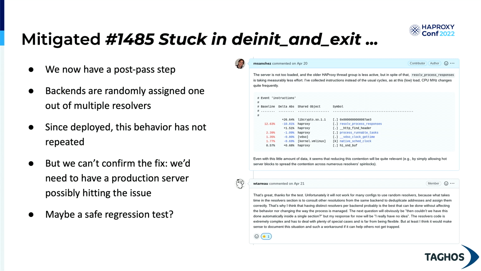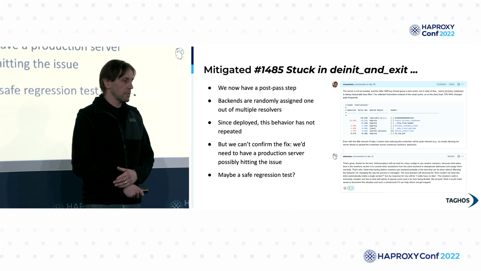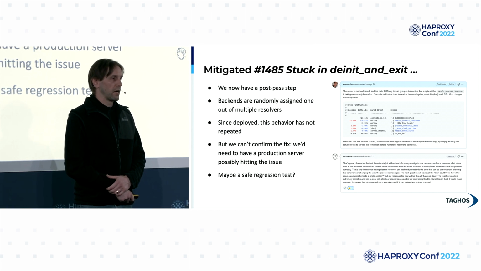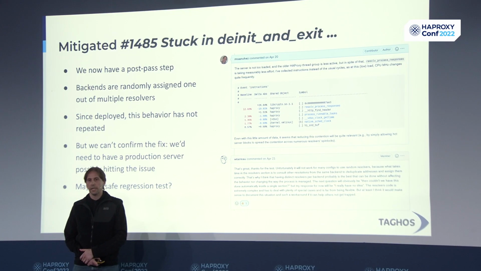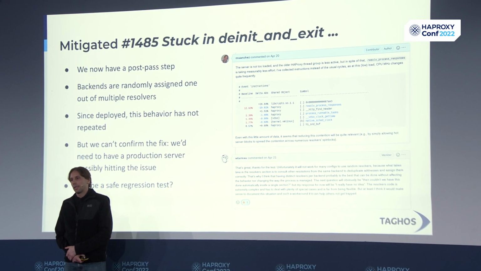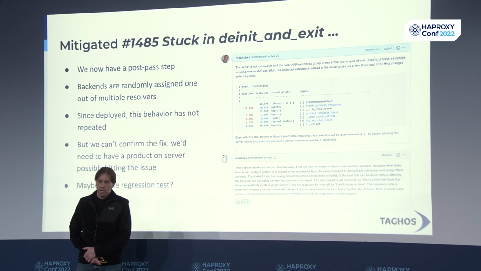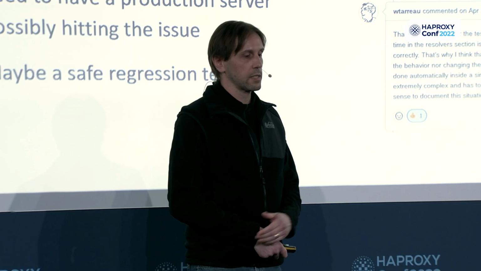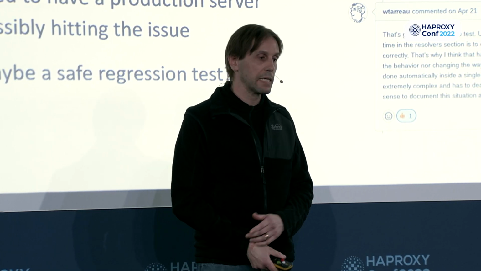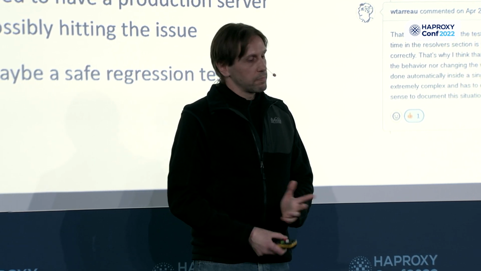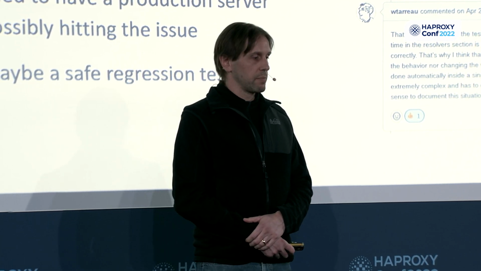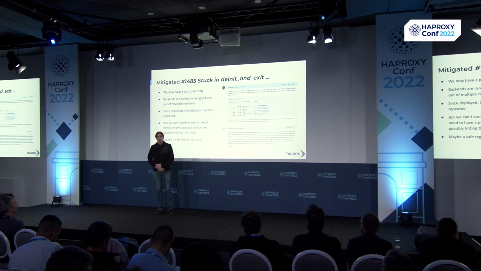There is a proposed fix in the ticket from Christopher, but we have difficulties confirming it because we need a green light from our ops, and they are reluctant to let us revert the configuration file, which might expose clients to the issue. So we are still looking for perhaps a better way, maybe a regression test.